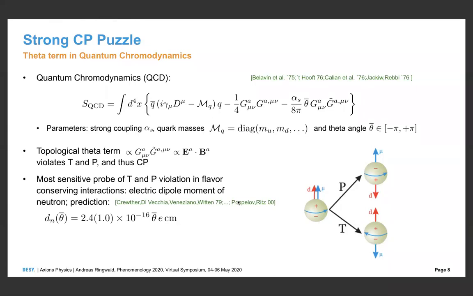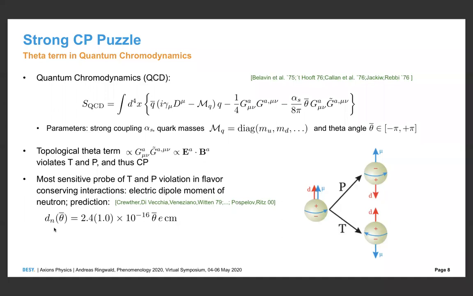Already shortly after the discovery of this theta angle, there were first estimates by chiral perturbation theory, and later, and now much later, the most recent calculation has been determined by QCD sum rules.